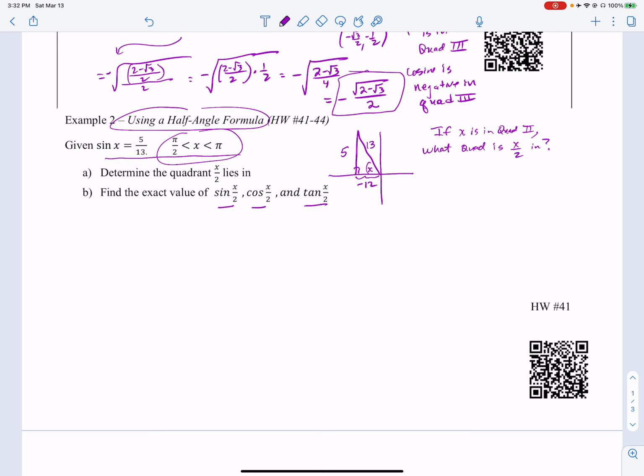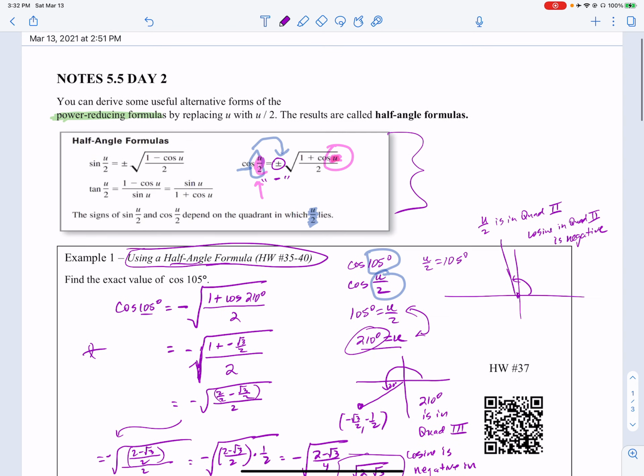Because you have to choose your sign on the outside here. These signs, when you are doing cosine and sine of the half angle, are chosen according to what quadrant u divided by 2 is. Right now, I know u is a quadrant 2 angle. Well, what quadrant is u over 2 in? Because that's going to determine what I choose out here and whether sine of that in that quadrant is positive or negative.